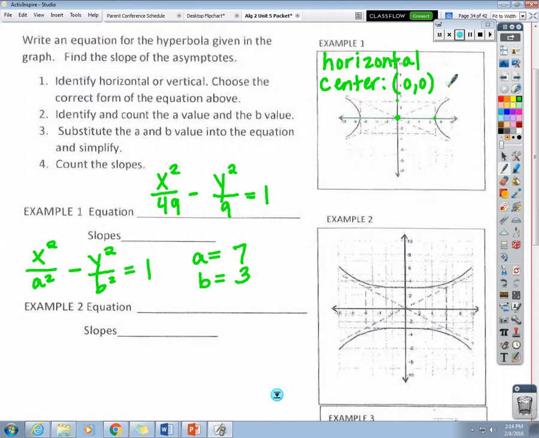And then the other three equations on this side of the board are for vertical. Okay, so what do the slopes look like with horizontal hyperbolas? Plus or minus what? b over a. So it would be plus or minus 3 over 7.